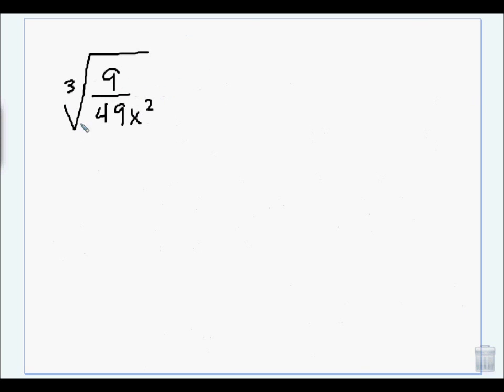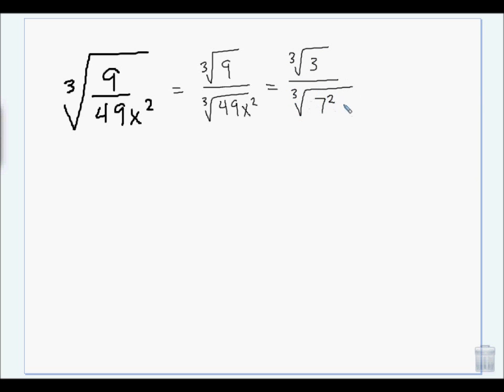When you have a fraction under a radical, you can split it. Using that first method, 49 is 7 squared. So if I want to make this a cube, I'm going to multiply by another 7 and another x, because that would make this 7 cubed, x cubed.